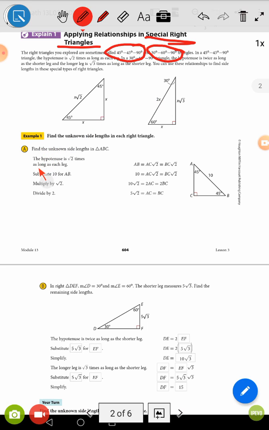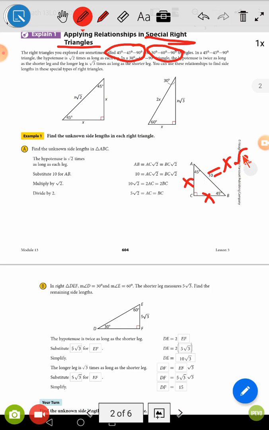For example, here, that triangle is 45, 45, 90, so we will talk about that special case. So the hypotenuse here is 10, it's x root 2. So 10 here equals x root 2, and that is x and that is x, like the rule here.